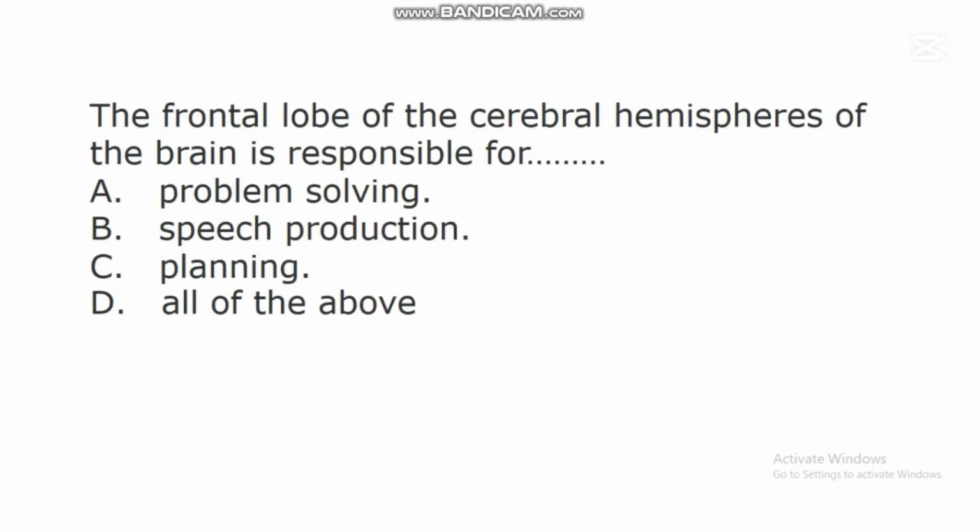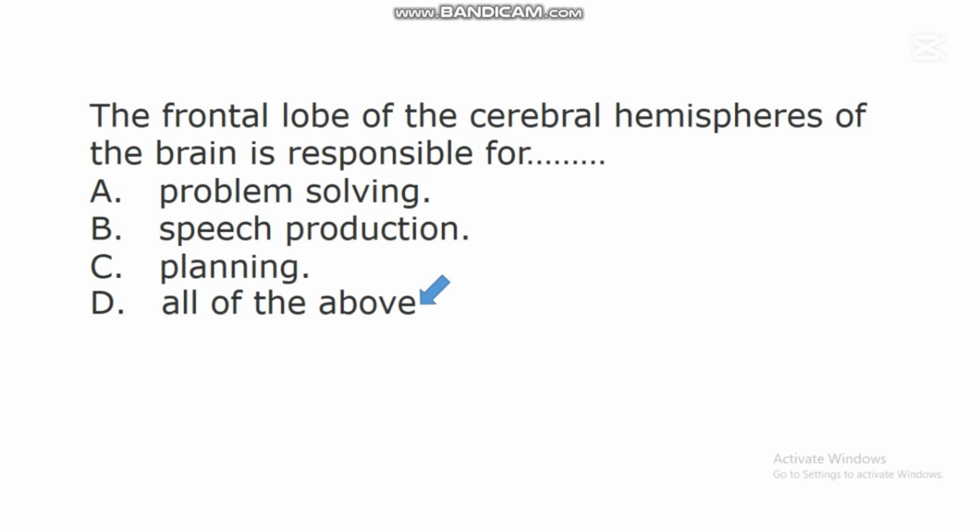The next question says, the frontal lobe of the cerebral hemispheres of the brain is responsible for dash. A. Problem solving. B. Speech production. C. Planning. D. All of the above. In this question, the correct answer is D. All of the above.